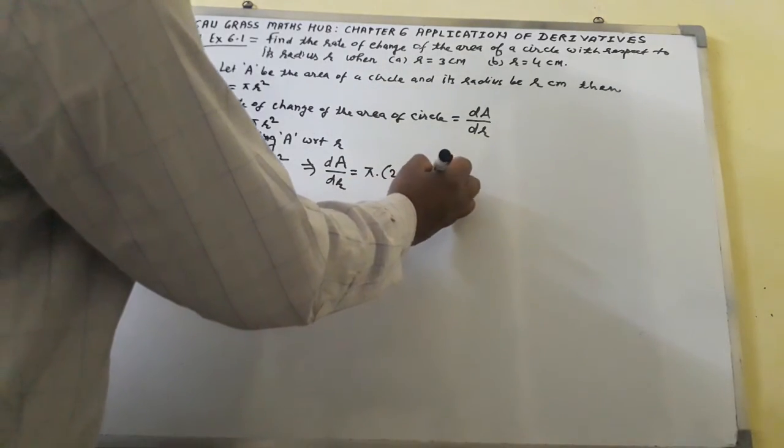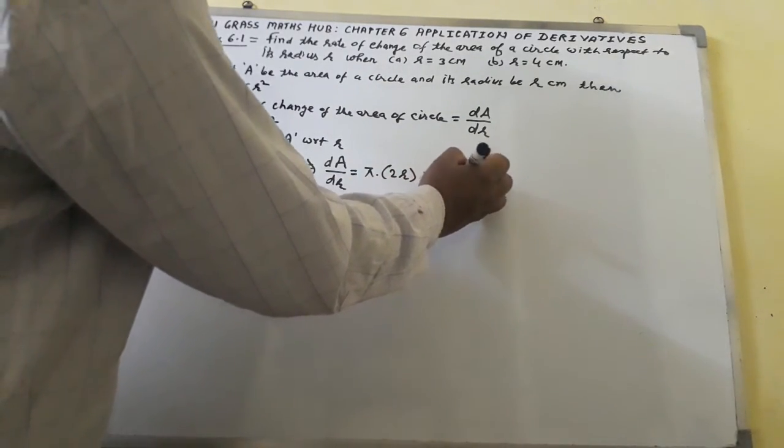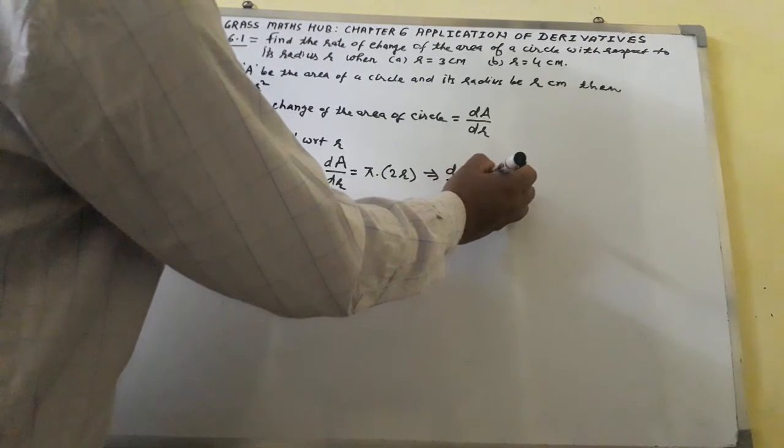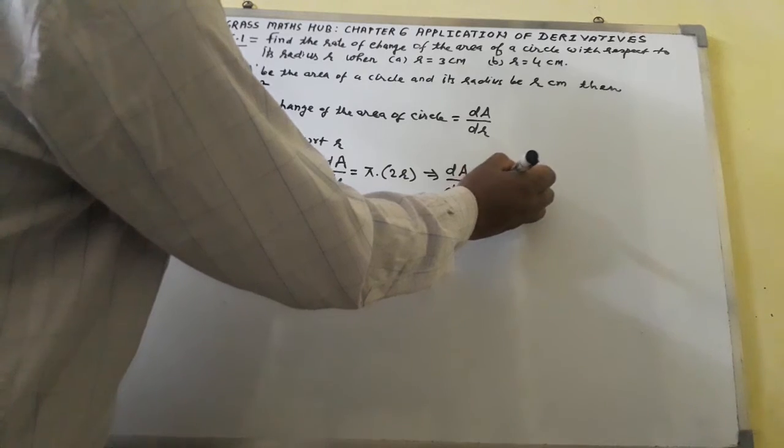Implied that dA over dr is equal to 2 pi r.